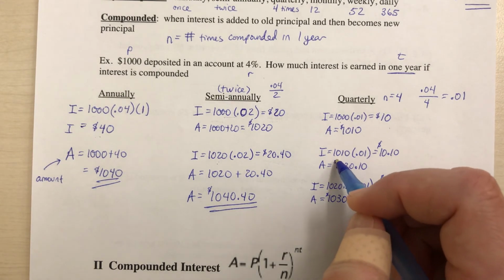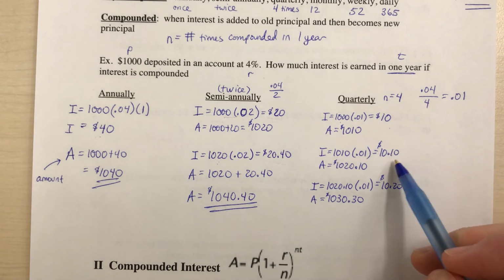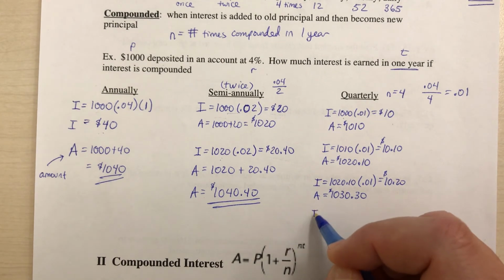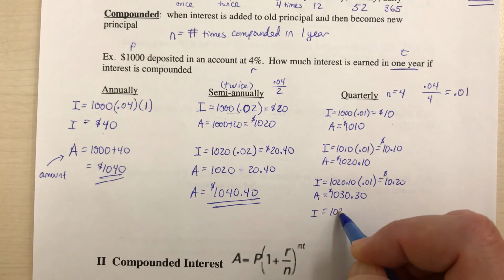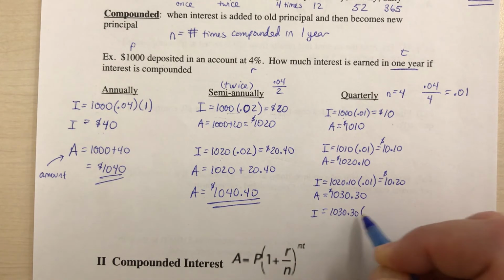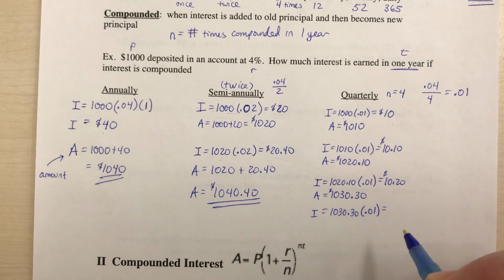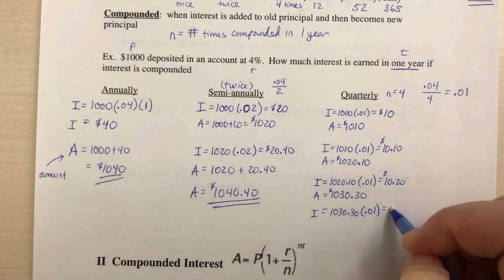Now we do want to be careful here. You might be saying, oh, it goes up 10 cents each time. Not exactly, because if we do this one more time, 1,030.30, multiply that by 1%, the interest is $10.30.